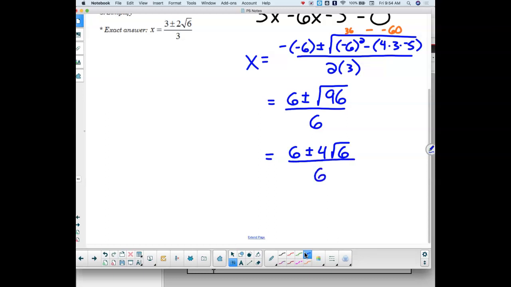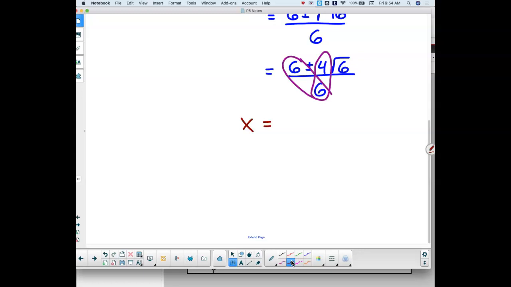And that you want to be your answer, but it still is reducible, provided the outside numbers all have the same common factor, which they do. So x here is going to equal 3 plus or minus 2 square roots of 6 all over 3.